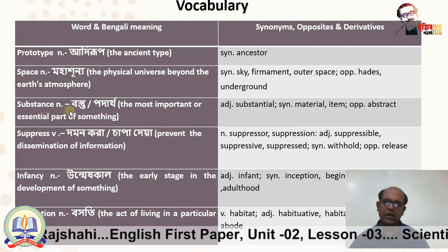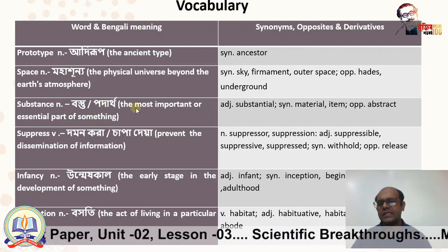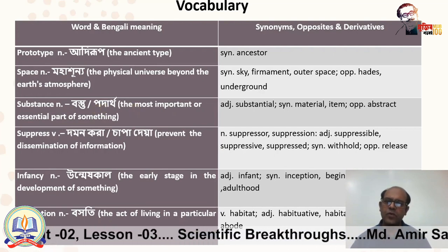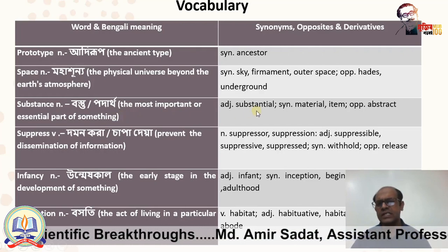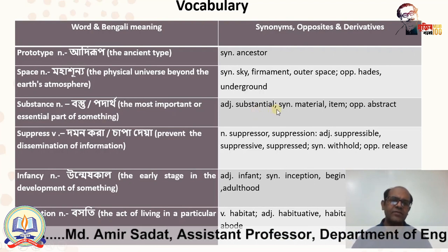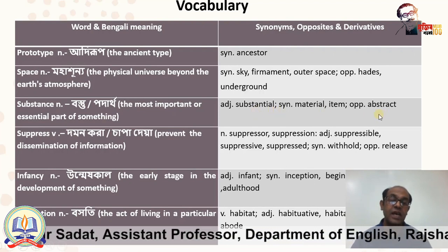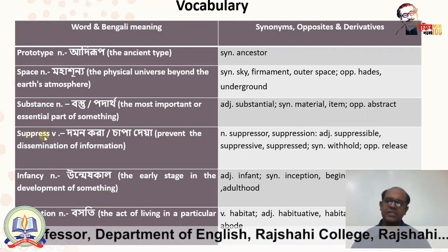Its Bengali meaning is bostu othoba padartho. Its English meaning is the most important or essential part of something. Its adjective is substantial, synonym is material, item, etc. and opposite is abstract.